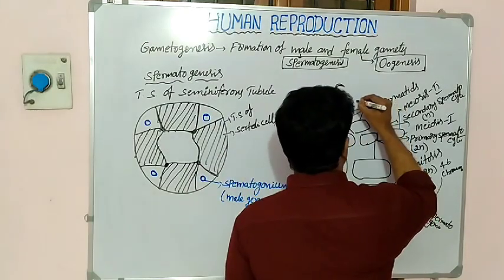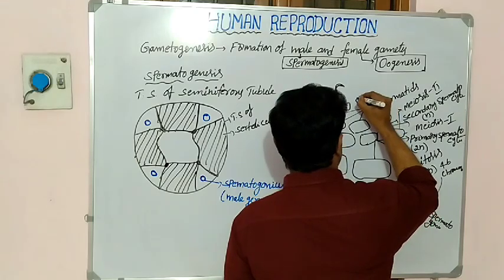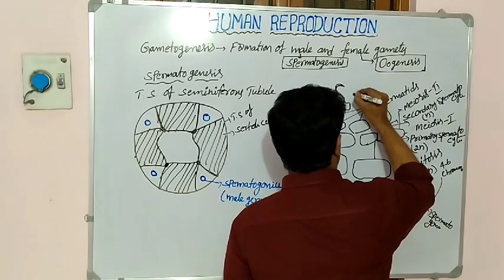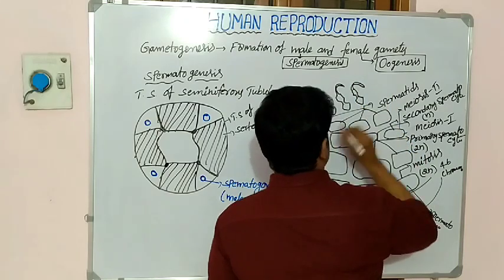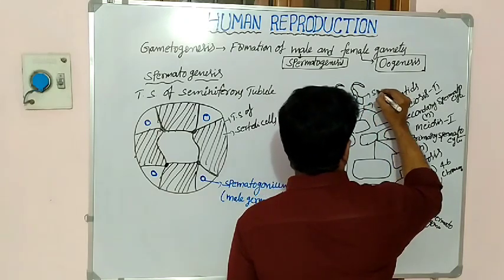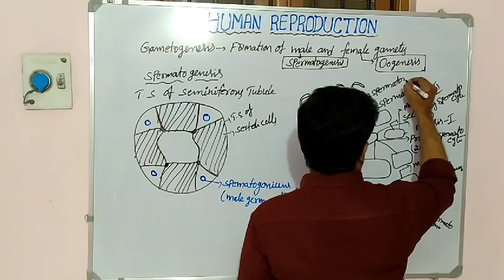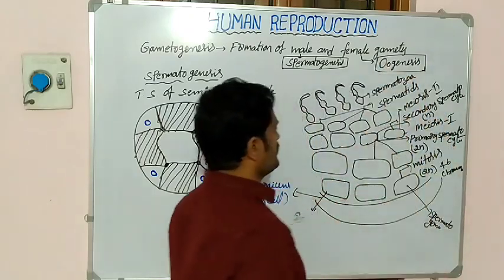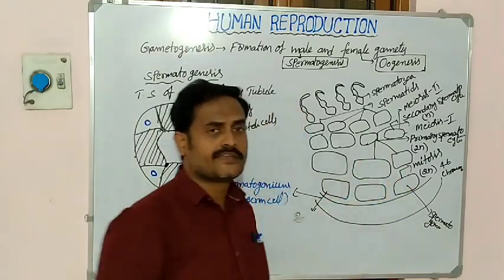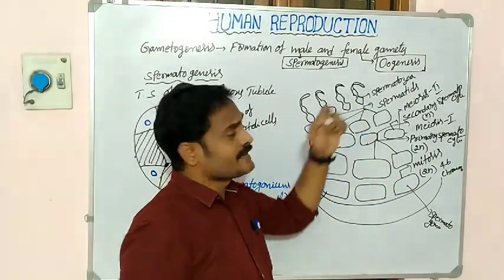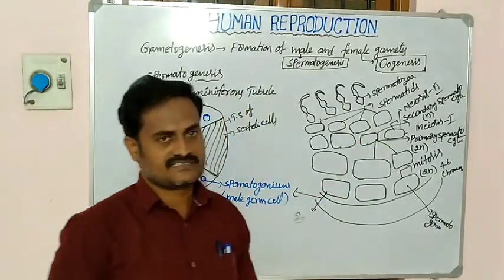They change their shape and arrangement like this. So from the spermatogonium to spermatozoa, there are so many changes that occur.